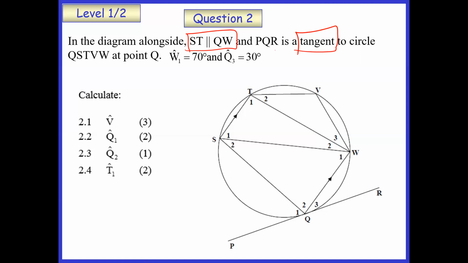And it carries on, and then they tell us two angles, W1 and Q3. That's given information, it is 30 degrees. So our first question is to find angle V. Any takers? How would I find angle V?